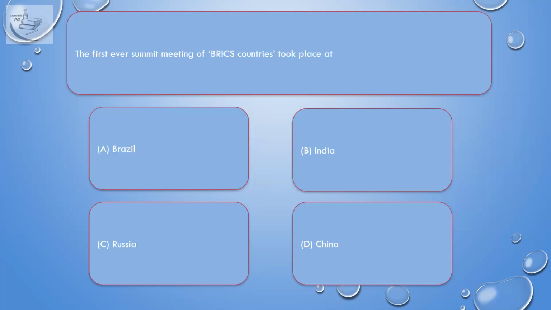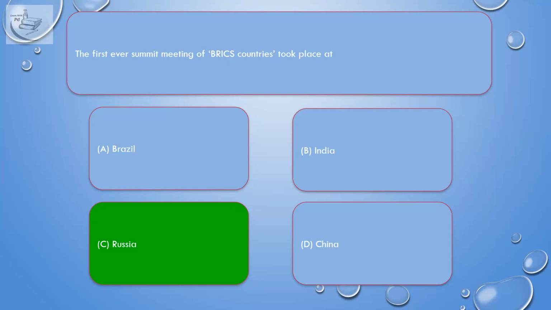Question: the first ever summit meeting of BRICS countries took place at A. Brazil, B. India, C. Russia, D. China. Correct answer is C. Russia.